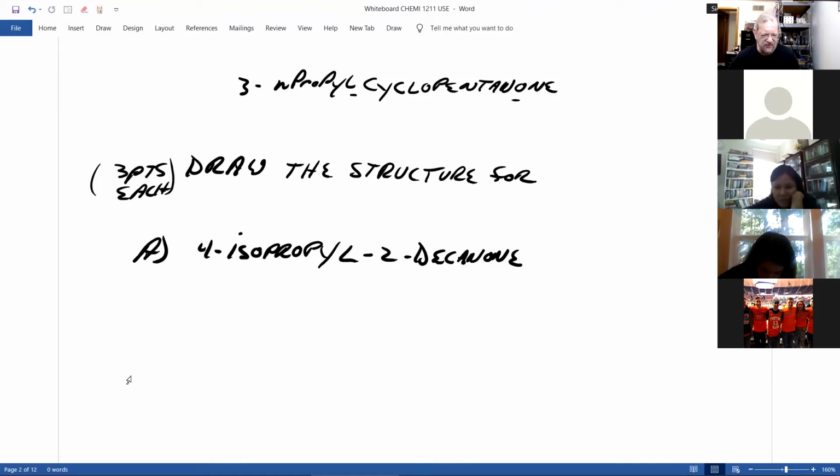How do you decode this? Know what to draw. Start at the right, move left. ONE ending. That means you have a ketone. And if this were an E, decane is 10 carbons. So I better get to work.